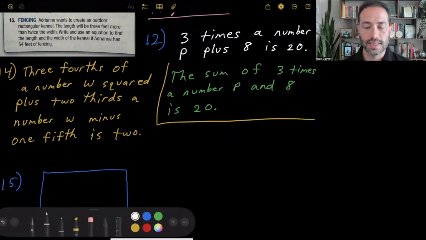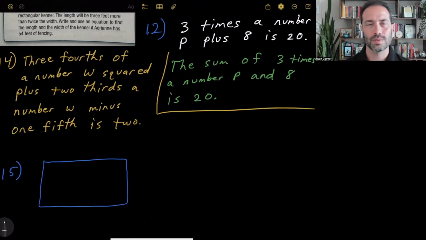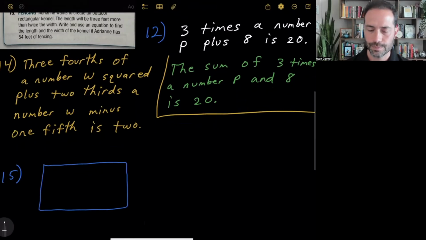Then it says the length will be 3 feet more than twice the width. I want to label just the words length and width, but then I'm going to plug in what we're going to use for the equation.